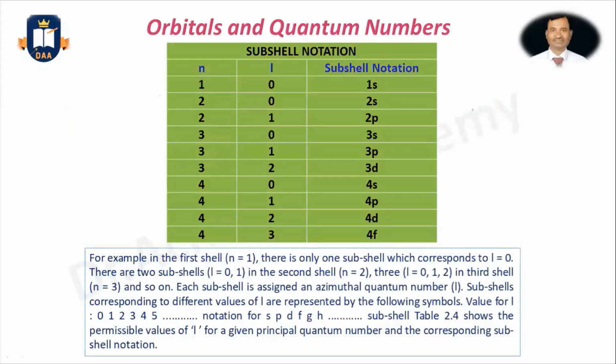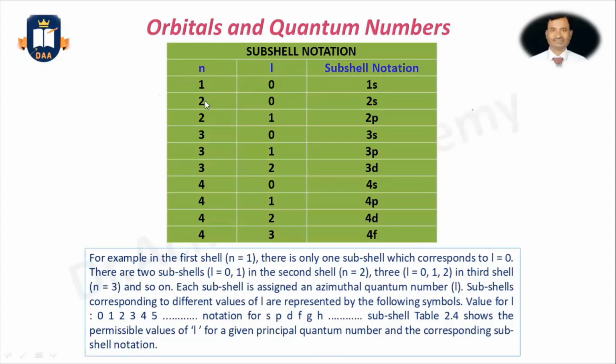In this table, we'll find clearly the number of subshells and their notations. Here you can see that n is equal to 1, then l is equal to 0, and only one subshell is there, its notation is 1s.